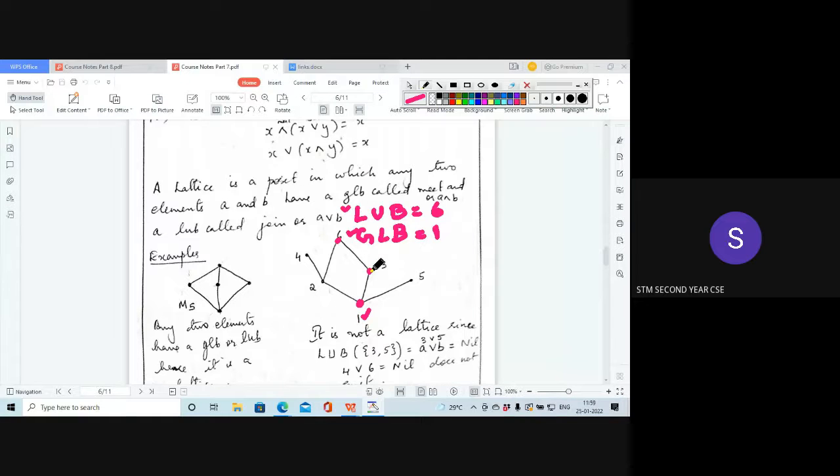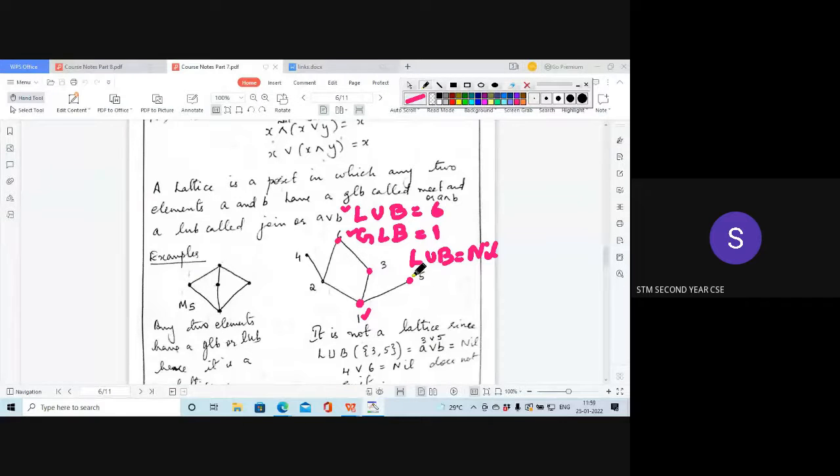But if we consider 3 and 5, is there an upper bound for 3 and 5? Are these two elements related to a common element? No. So there is no upper bound, which means it doesn't have a least upper bound. There is no least upper bound for 3 and 5.